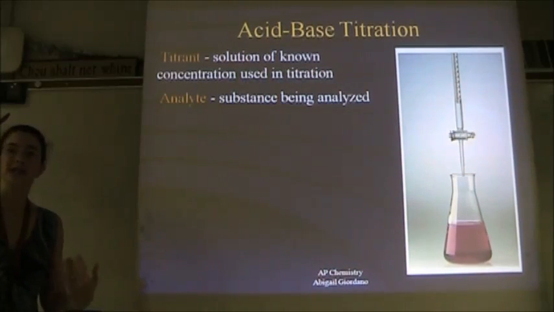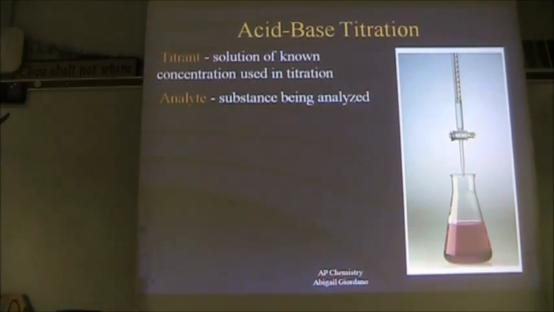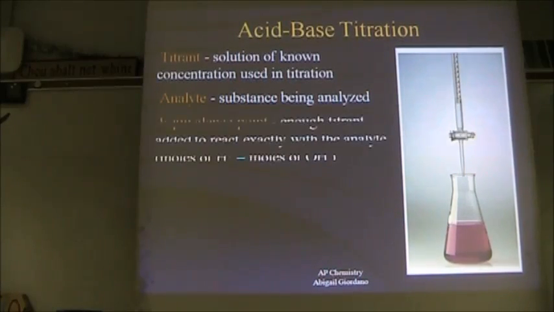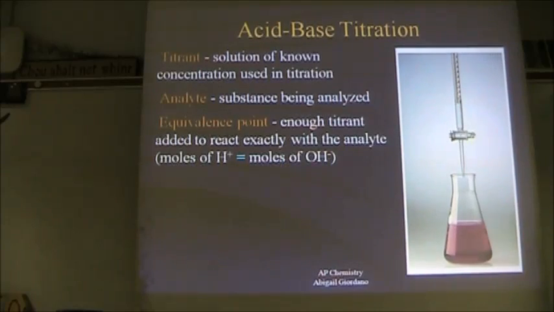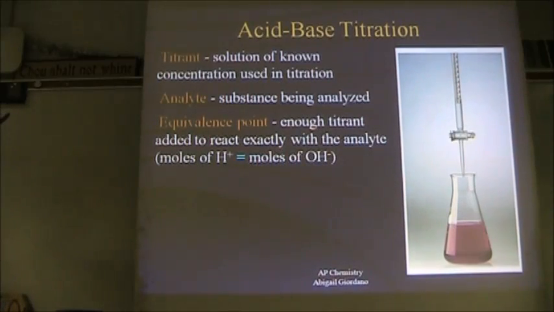And the whole point of a titration is to get to a certain point. It's called the equivalence point. Okay? And for those of you that have printed out the PowerPoints, I made a change yesterday to what is in this set of parentheses. I wanted to be a little bit more specific.